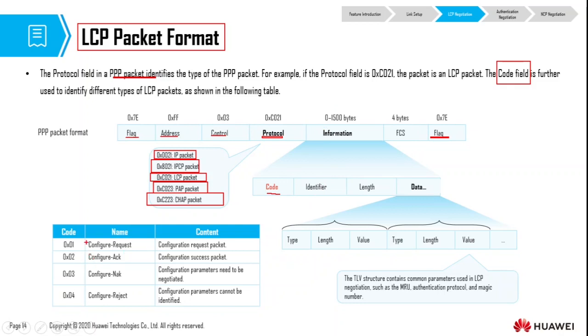For example, is it a configure request? If it's a configure request, then the code field here will store this hexadecimal value. Is it a configure ACK? Is it a configure NAK or configure reject? So we are going to see how each one of them is used shortly.